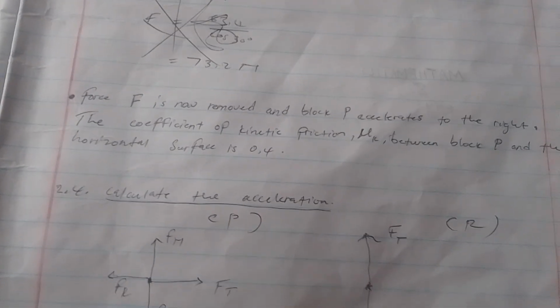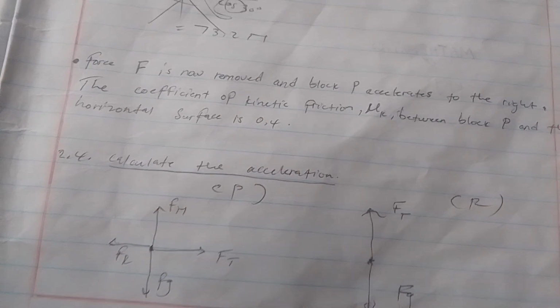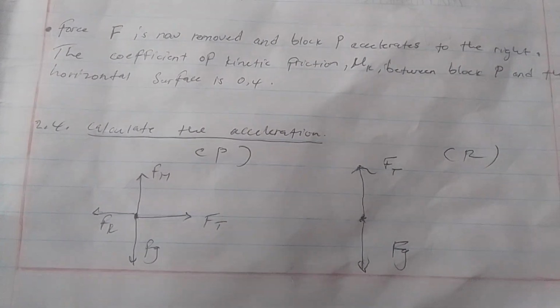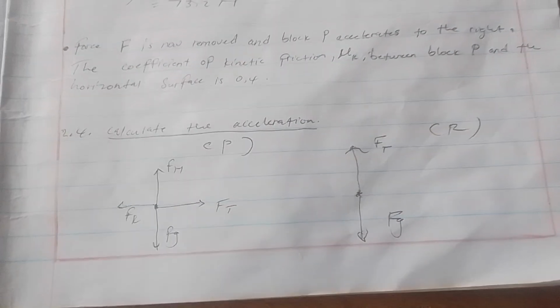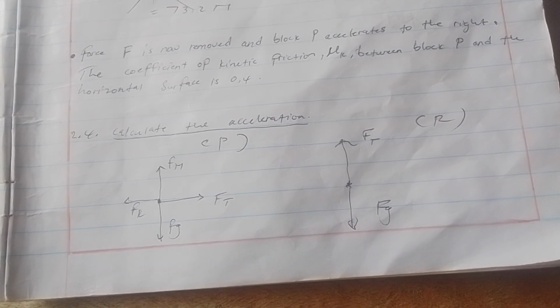Now we're still on the same question, they've just added a statement. Force F is now removed and block P accelerates to the right. The coefficient of kinetic friction between block P and the horizontal surface is 0.4.